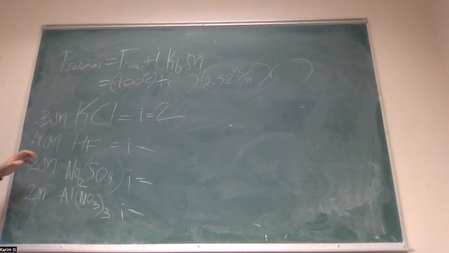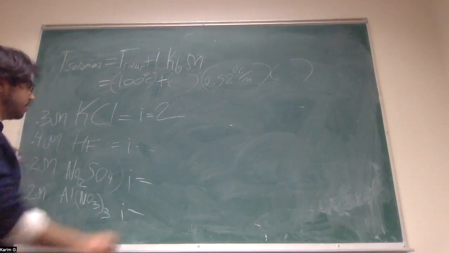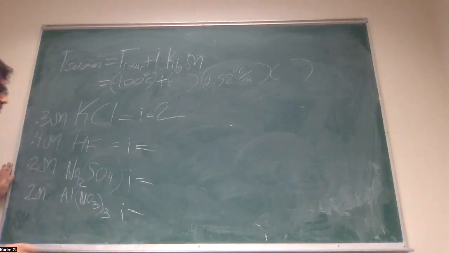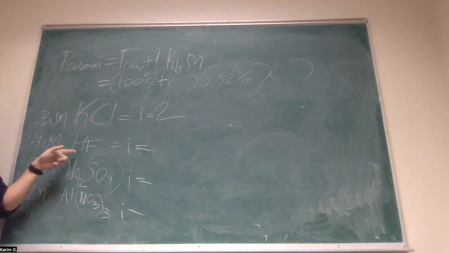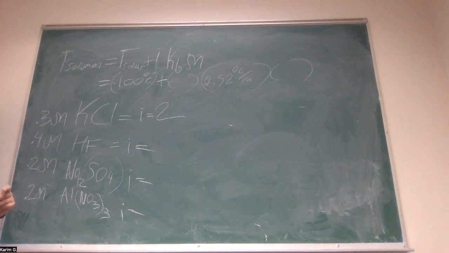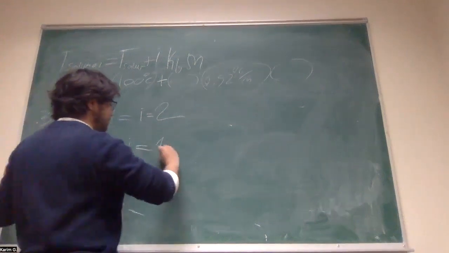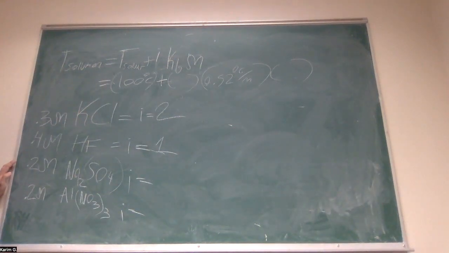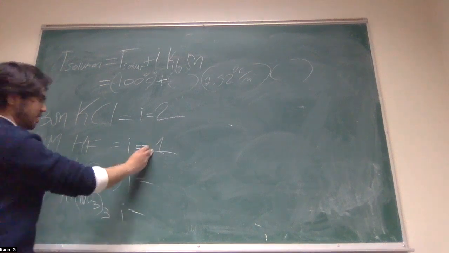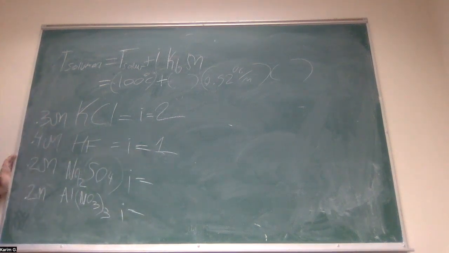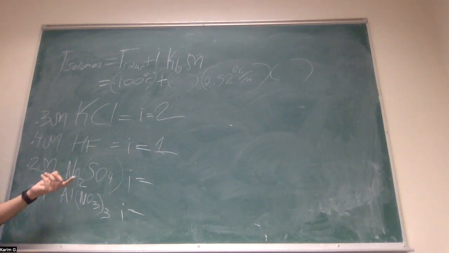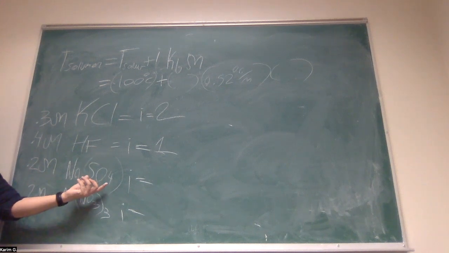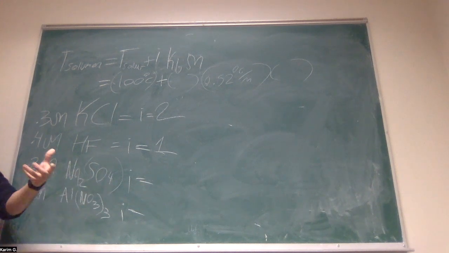Okay, what would the Van 't Hoff be for hydrofluoric acid? It's 1, right? Because it's a covalent bond. It's okay. You're not gonna fail. You know you got this. So it's 1 because it's a covalent bond, right? If we were to just have sulfate here, sulfate would have a Van 't Hoff of 1.